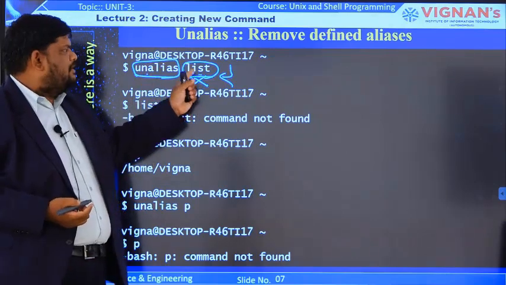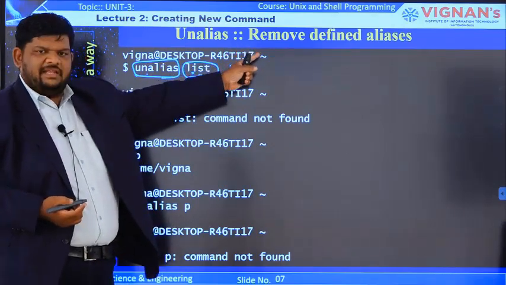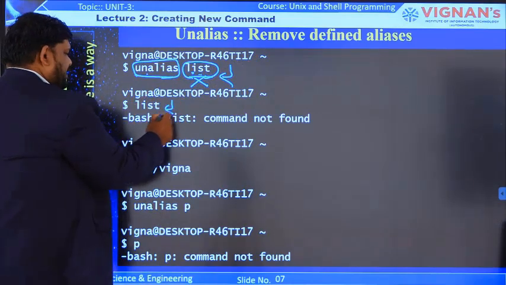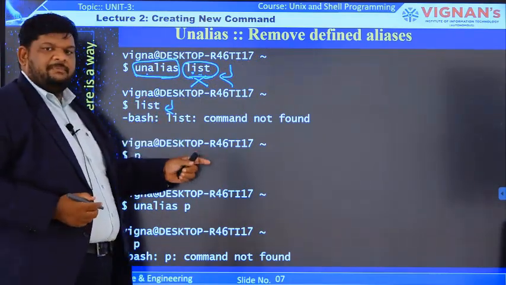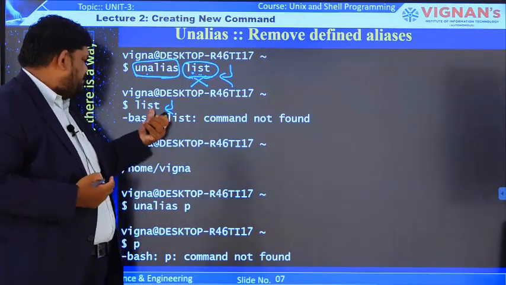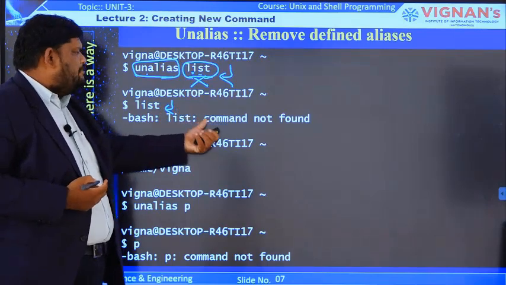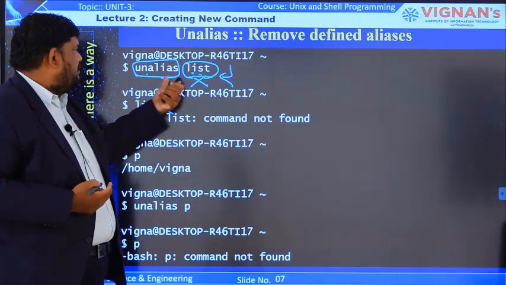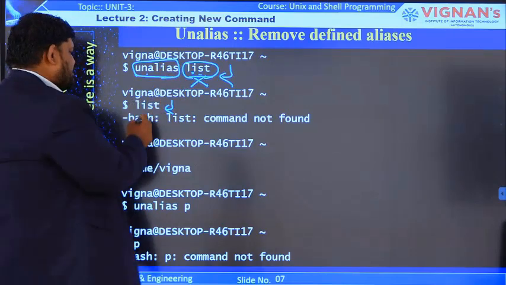Now if I type list, what happened? Command not found. Previously we got the ls space option l result from list. Now command not found, because we already removed that alias list.